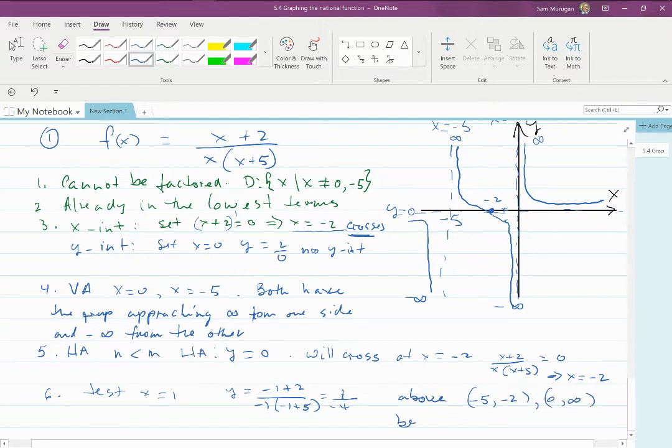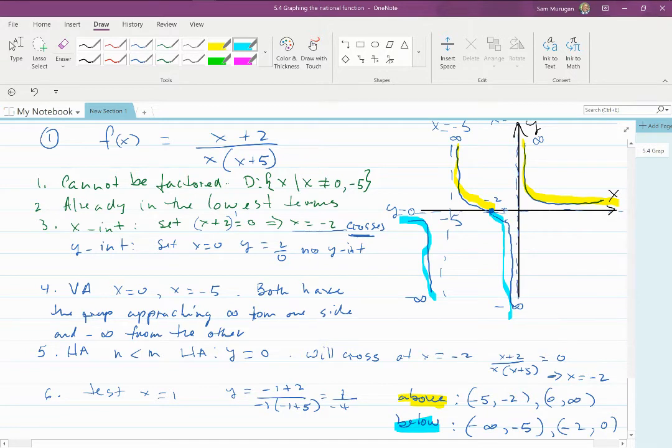And then below, from -infinity up to -5, and from -2 to 0. I'm going to kind of highlight those in color so you can see them. This is the above part. And then the below part is that one and this one.